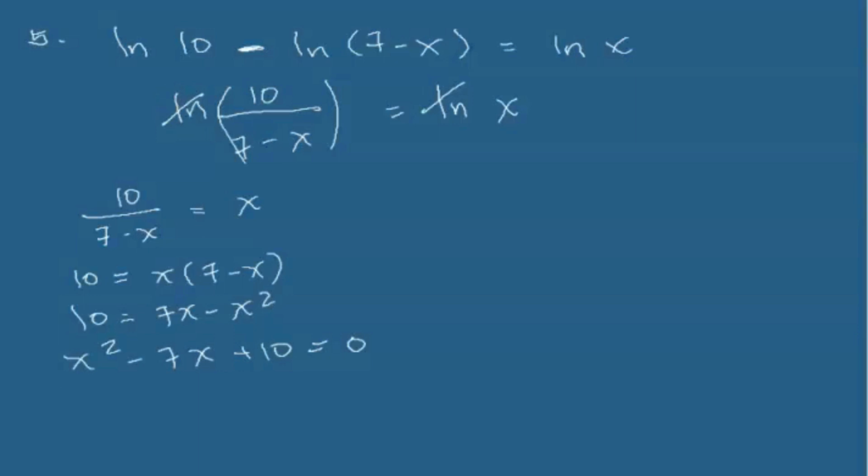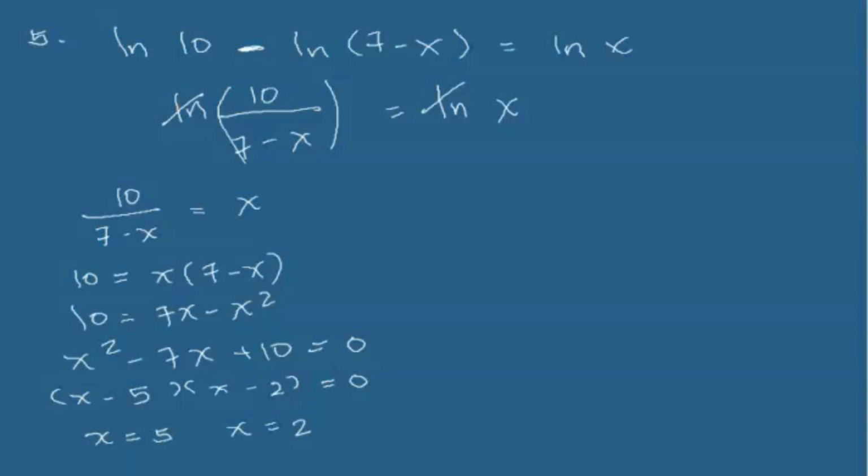So we have a quadratic equation that we can solve for the values of x by factoring. So that is x minus 5 and x minus 2. So we have x is equal to 5 and x is equal to 2.